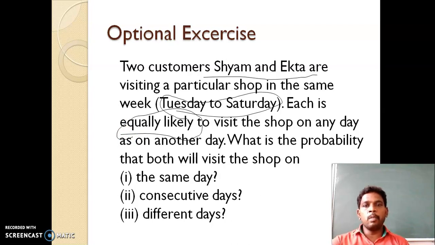So equally likely means two events are said to be equally likely if they have the same chances to happen or to occur, okay, that is called equally likely events. For example, if you are tossing a coin, the possible outcomes are head and tail only. So the possibility of getting head is 1 by 2, the possibility of getting tail is also 1 by 2.